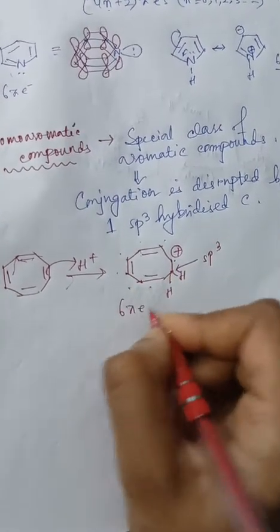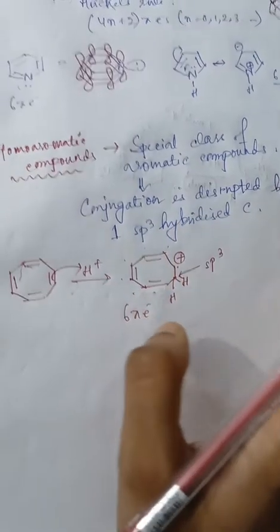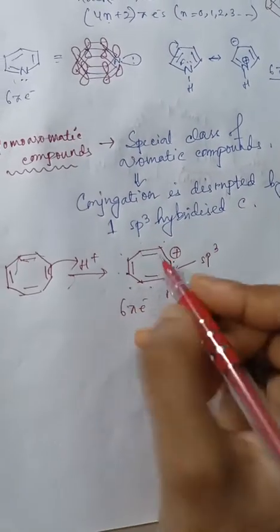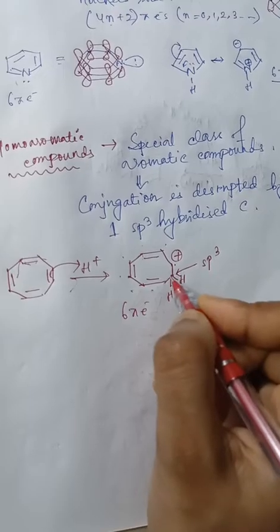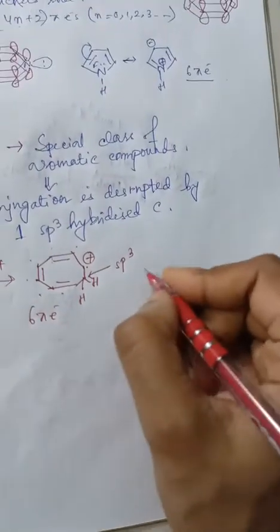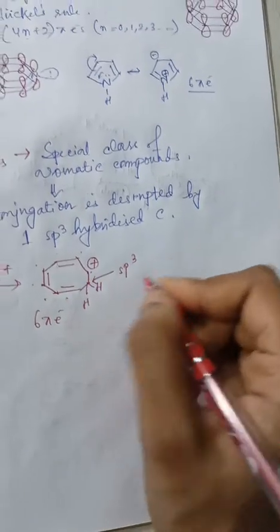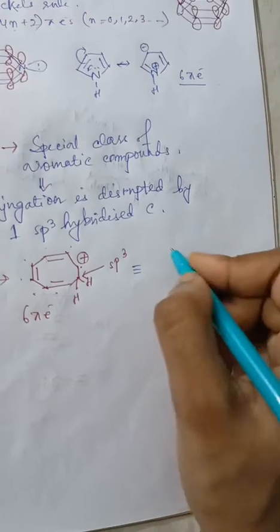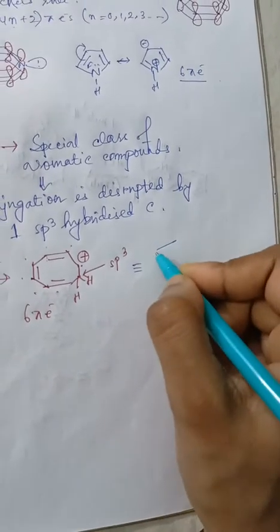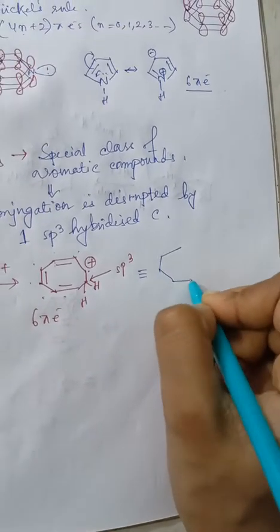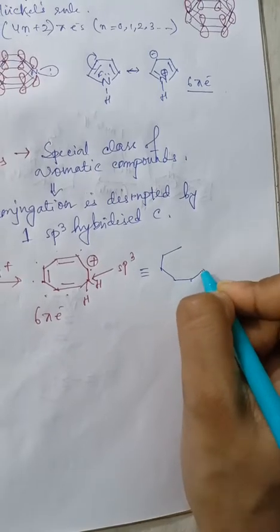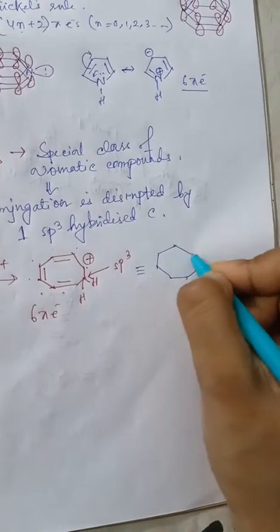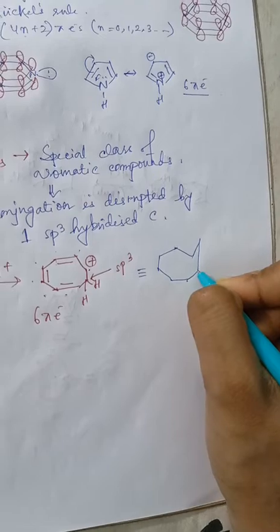6 pi electrons are involved. This is cyclic, everything is perfect. But because of this sp3 carbon, the planarity is disrupted. So what does this compound do? The compound behaves smartly, you know. It stays like this: 3, 4, 5, 6, 7, 8.